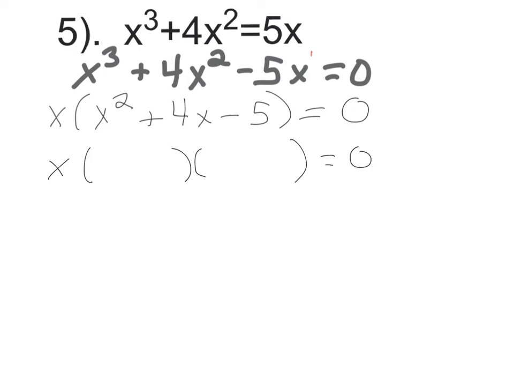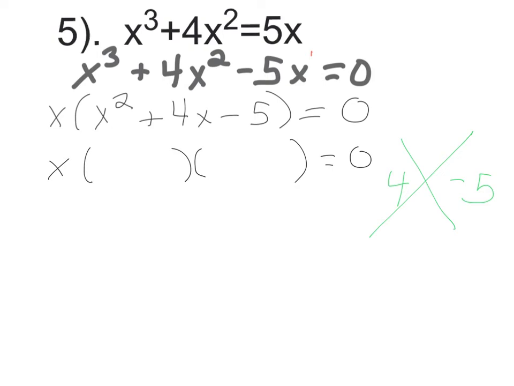So let's go over here on the side and figure out what our magic pair would look like. So I'm going to draw an x. I'm going to put the product of a and c over here on the right, which is -5. And then I'm going to put my linear term, or 4, here. So I want two numbers that when multiplied equal -5, and when added together are going to equal +4.